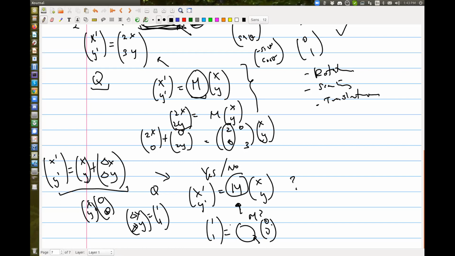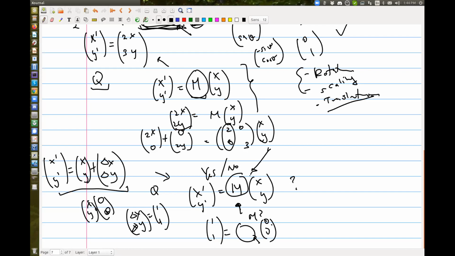So, I have rotation and scaling, and I can just do a matrix multiplication, right? But translation, I cannot do that. We want to put everything into multiplication like this.